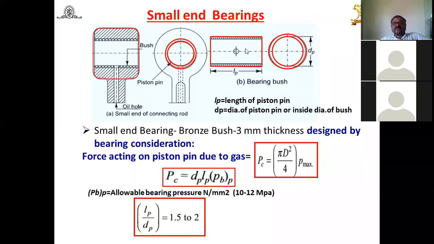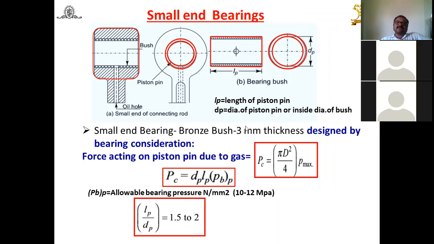Second, D_P is the diameter of the bush or the piston pin also, and L_P is the bearing bush length. That we have to find out. How to find out? Here in this bush the piston pin is inserted, that means the small end. The thickness of this bush, generally you have to assume, is 3 mm.